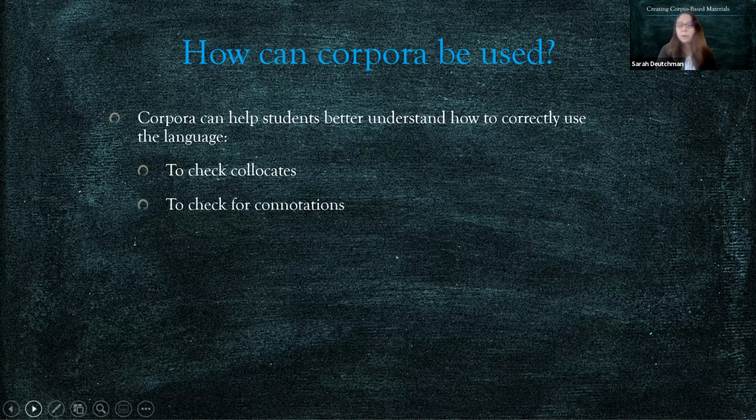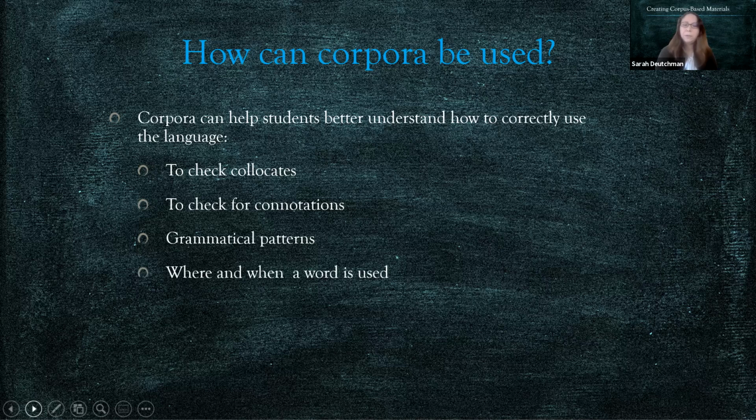And you can check for connotations. So is this a positive word? Is it a negative word? You can check for grammatical patterns, like if you use while, do you use an -ing or an -ed form? You can see when and where the word is used. So if your students are doing academic writing like my students, they want to see if the word is academic or not.